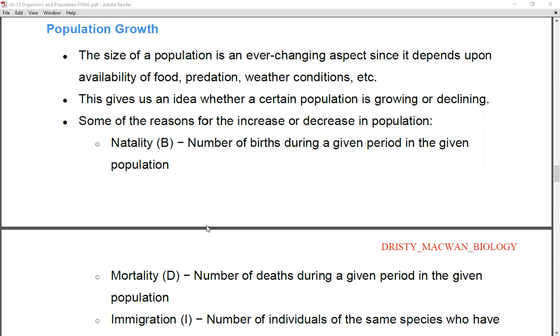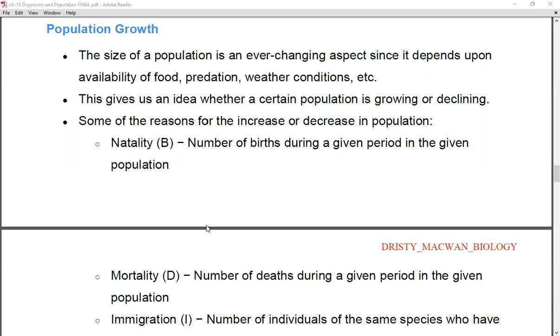If predation is taking place and the people die, then the population decreases, right? But if they leave, then it increases. Then there are weather conditions. So the size of a population is not constant, every single day it is changing, right?